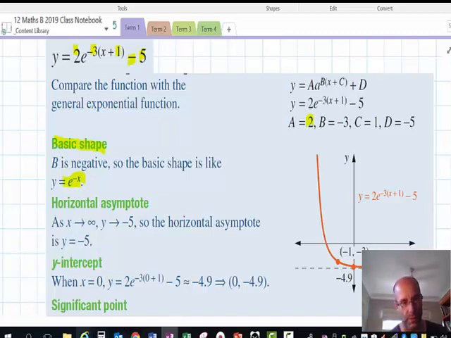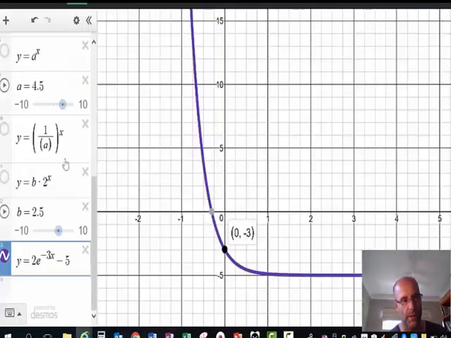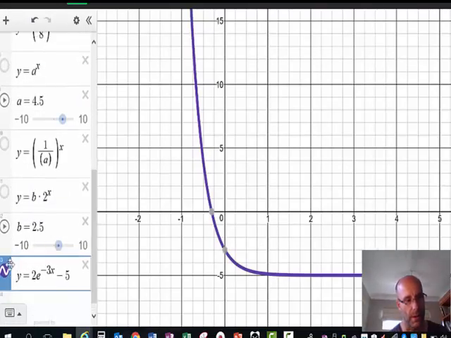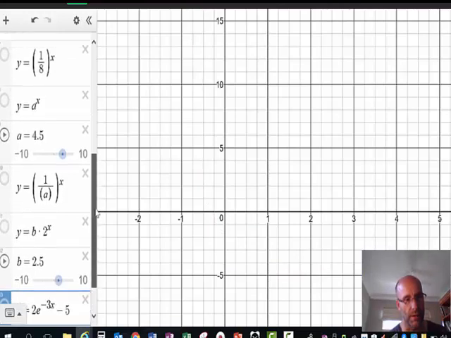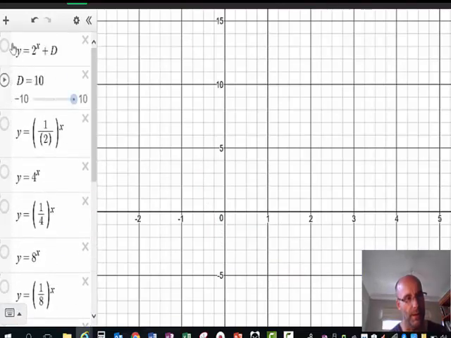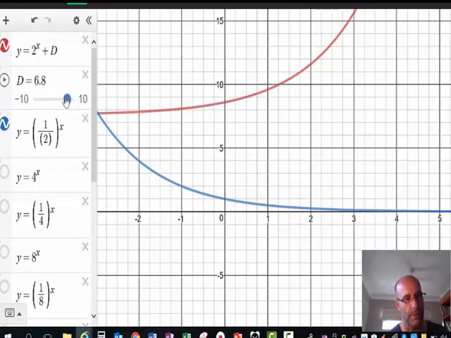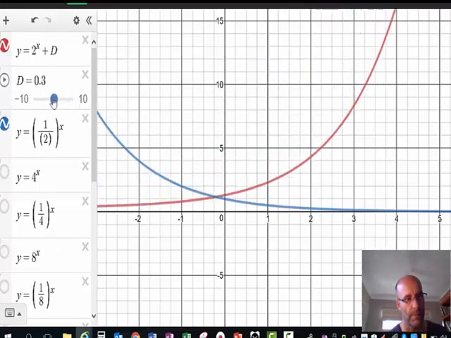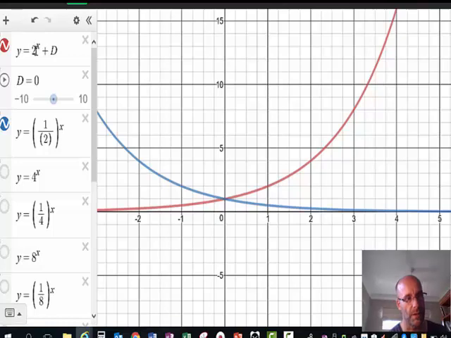Those are mirrored in the y-axis, because we saw previously, if you bear with me for a second, if we compare these two together, this red function and this blue one are y equals 2 to the x and y equals 2 to the negative x.